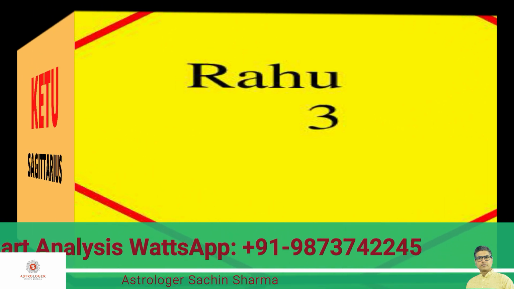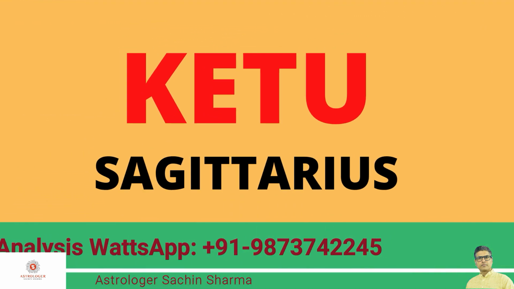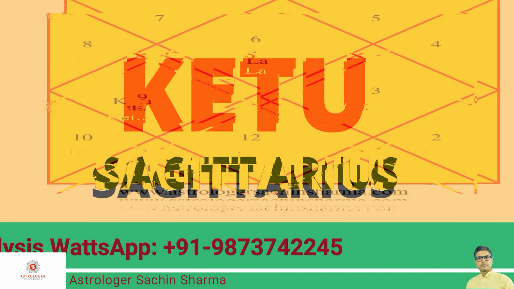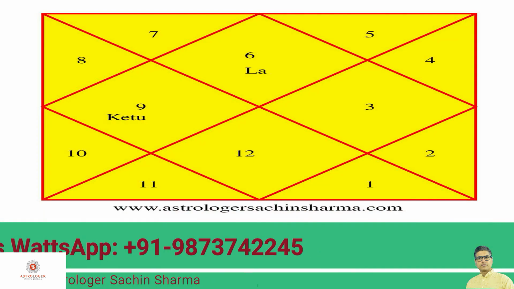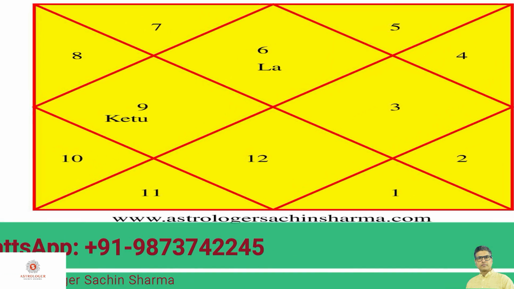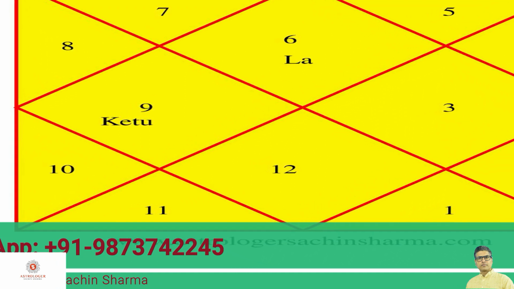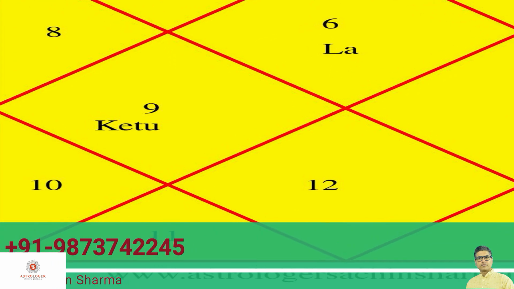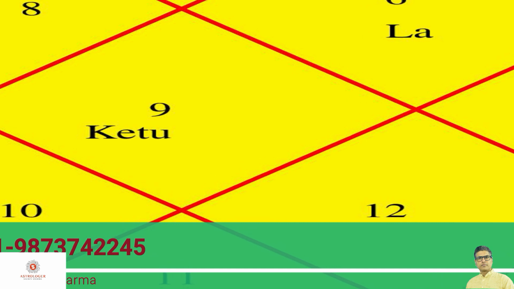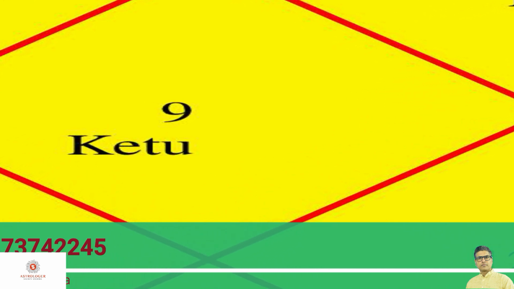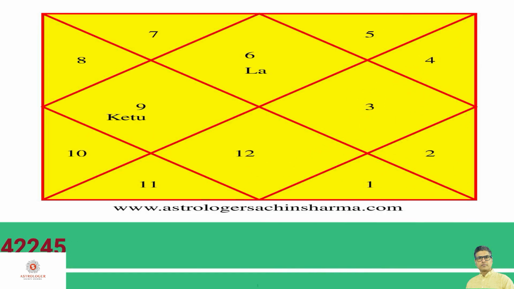For Ketu, Sagittarius is its debilitated sign. If Ketu is placed in the house where number 9 is written, as you can see here in this birth chart, that means Ketu is placed in its debilitated sign of Sagittarius and hence will give its negative results here.